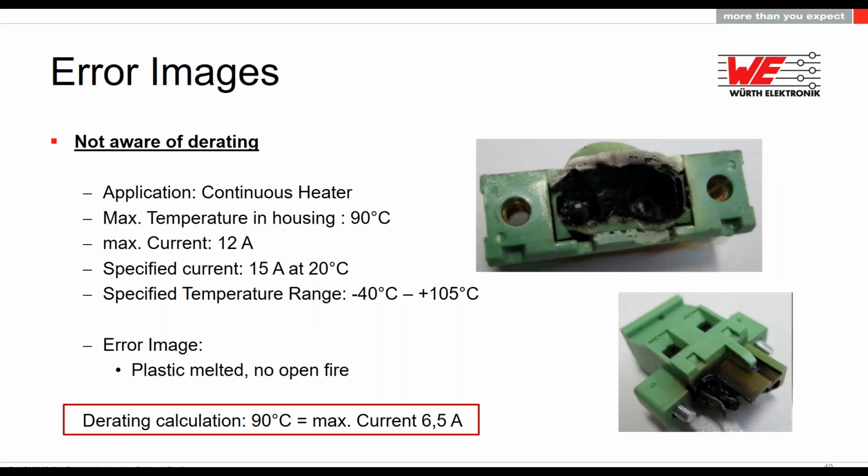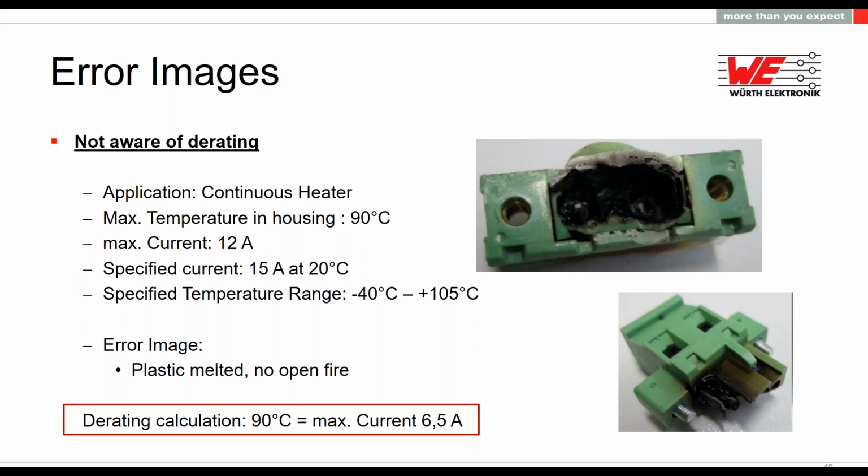This was a heater application with a high temperature in the housing. So of course you can imagine you can have 90 degrees in the housing, and the maximum current that was applied was 12 amps. Even if the specified current was 15 amps at 20 degrees, so room temperature, and the part is specified for up to 105 degrees.